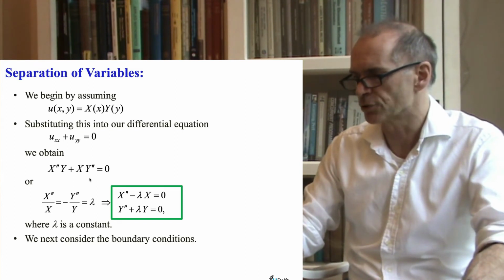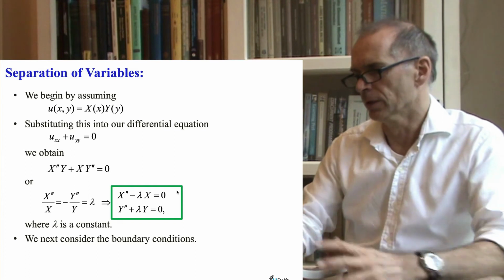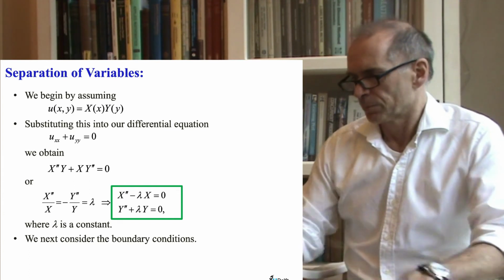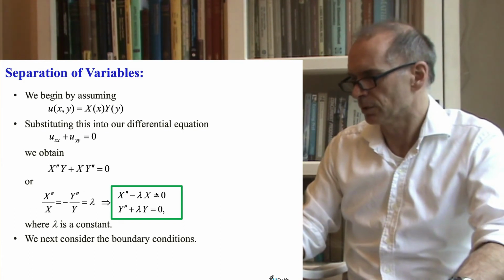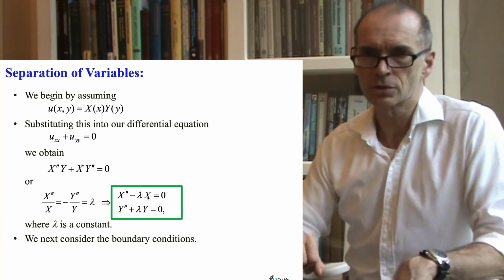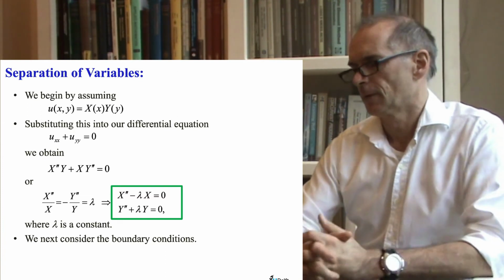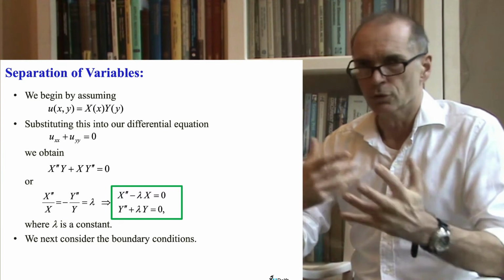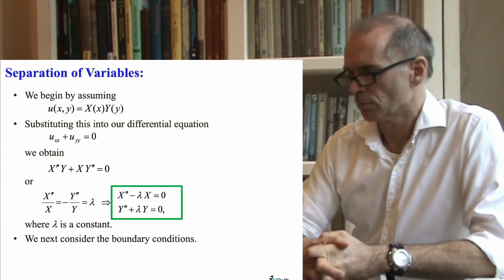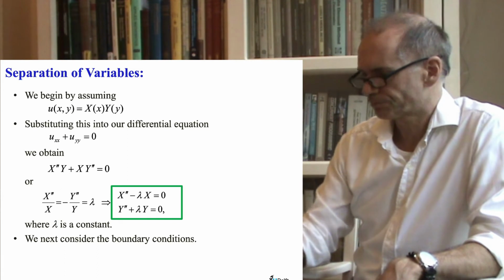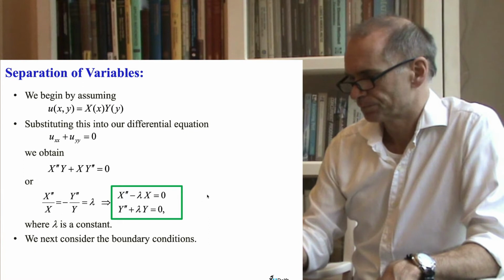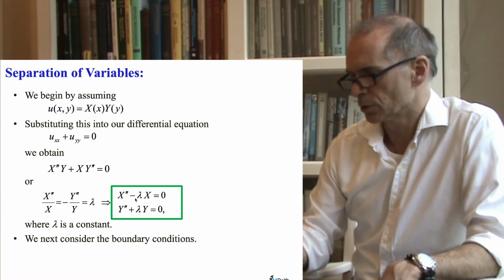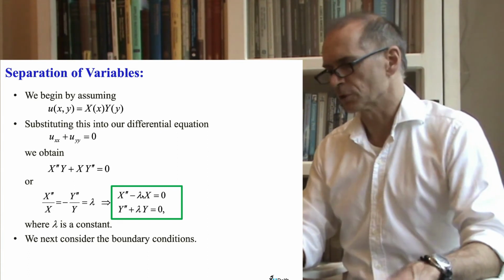But note that there is a sign difference, and also the standard form for an eigenvalue problem would be to write this at the other side, but it is of course equivalent to the equations that are in the green box here. So given all the routine that we have now, we might as well write it like this. So lambda is the separation constant, and it is as well the eigenvalue with respect to the first equation.